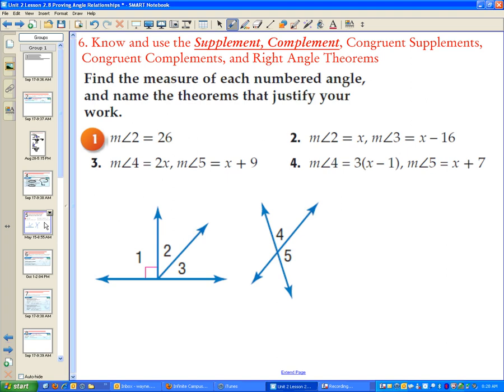Let's do a few from page 154. Find the measure of each numbered angle and name the theorems that justify your work.